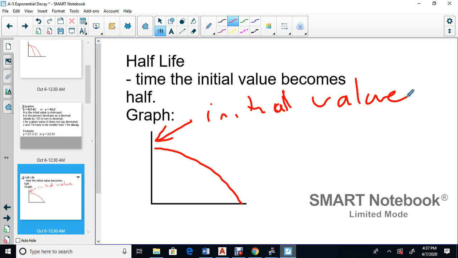Then you take half of it. Whatever that initial value is, you go to half. You go across and then come down, and this is your half-life. So there's your initial value, you go half of it, and then you go across and you have your half-life.